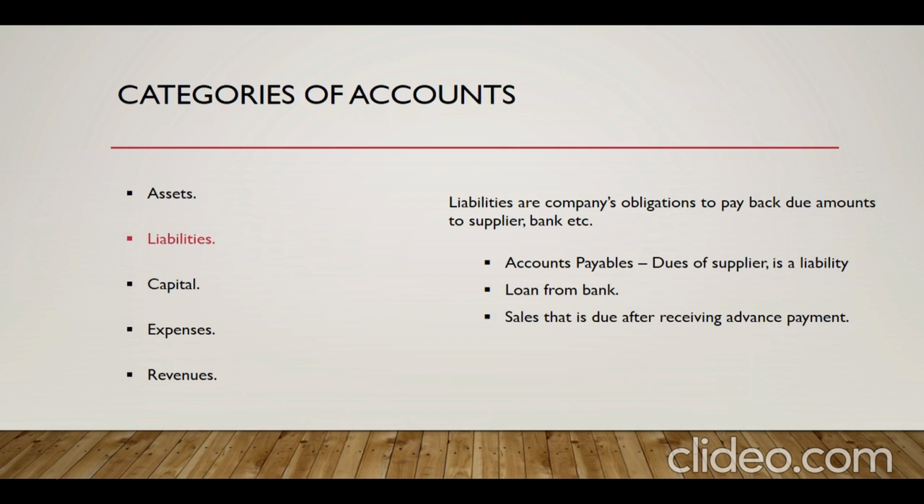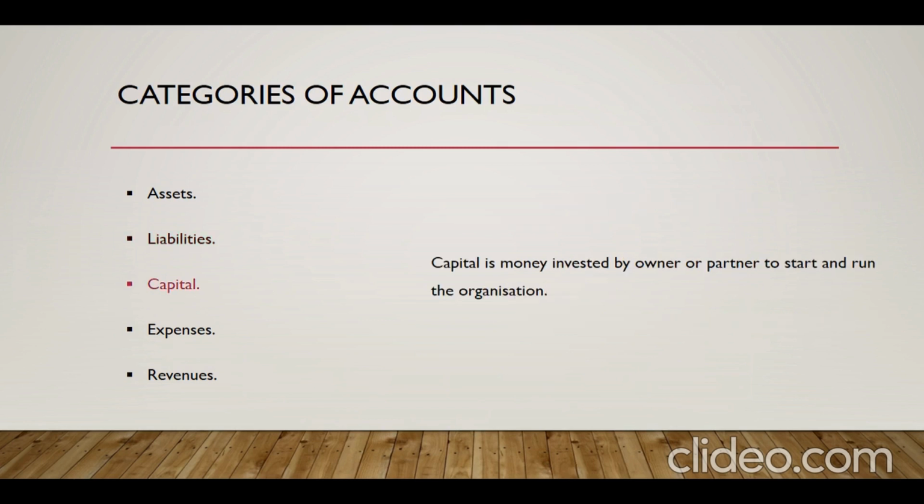And the accounts payable accounts, which are dues that we owe to the supplier, are also liability of the business. And any sales proceeds which are to be carried after receiving advance payment from a buyer are also liability of your company. And capital, I already explained what a capital account is.